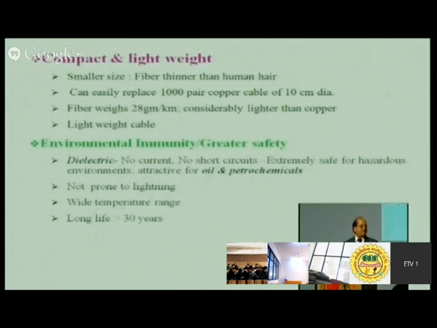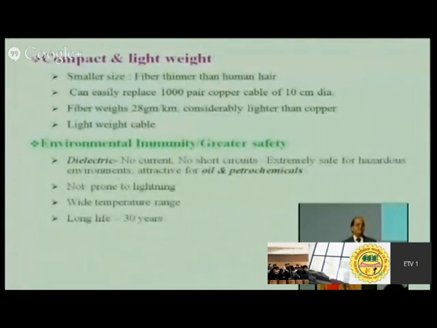A copper cable has to be replaced after how many years? Any idea? Around 10 years. Yes, very rightly. A copper cable has to be replaced after every 10 years. The service provider may or may not do it, but as per standard, a copper cable has to be replaced every 10 years, whereas an optical fiber communication cable can work up to 40 years.